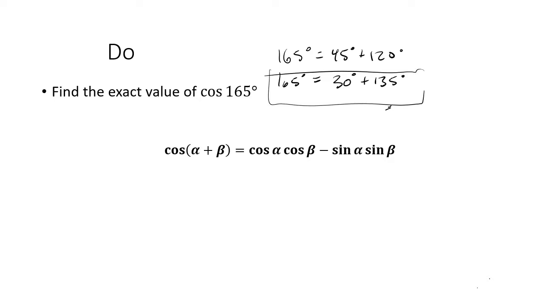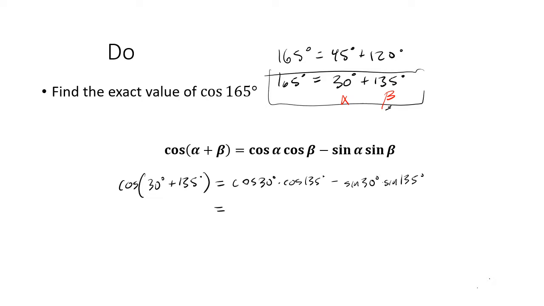So I'm going to call 30 degrees alpha and 135 degrees beta. So now we're going to go cosine of 30 degrees plus 135 degrees, which is 165, is equal to the cosine of 30 degrees times the cosine of 135 degrees minus the sine of 30 degrees times the sine of 135 degrees.